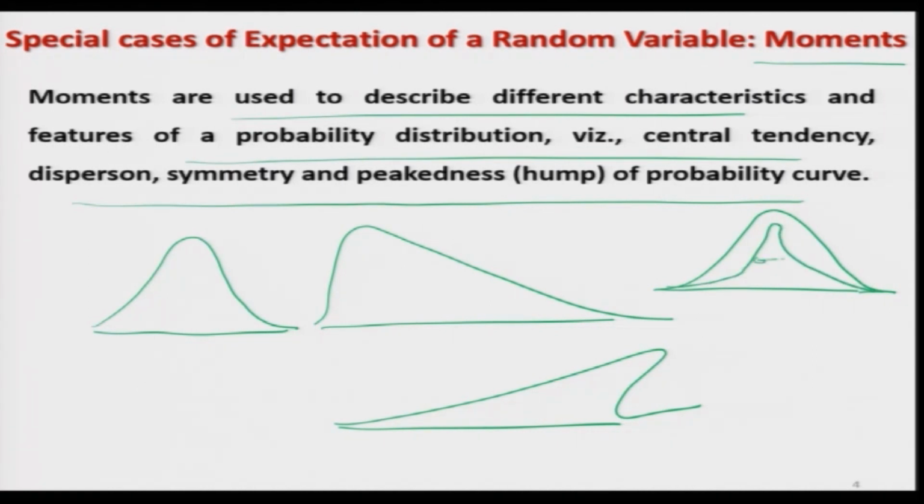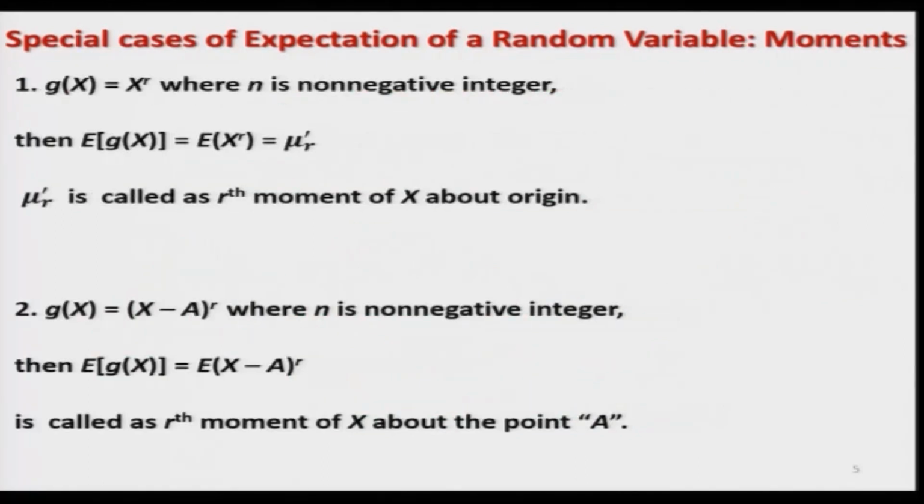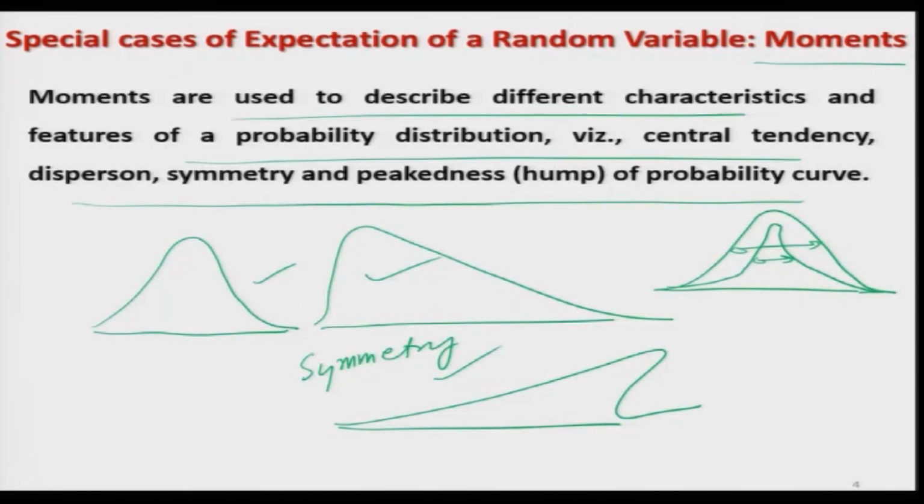So, this part is going to indicate the variation that I am going to introduce, and these are trying to indicate the symmetry of the curve, whether the curve is symmetric or not. These types of characteristics of the probability distribution are going to be revealed through the use of moments.